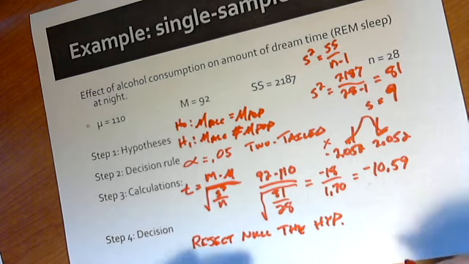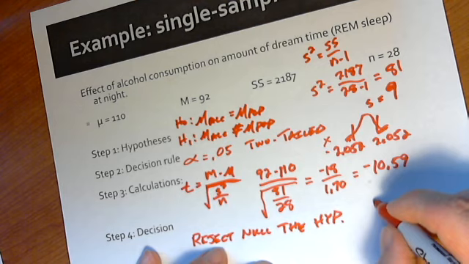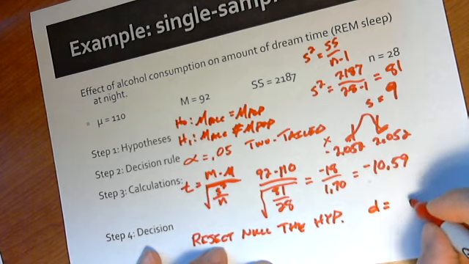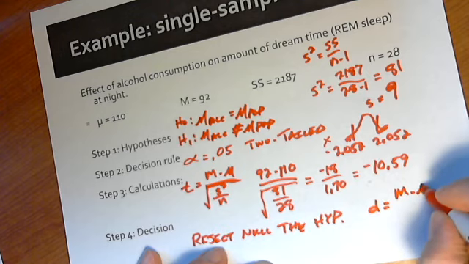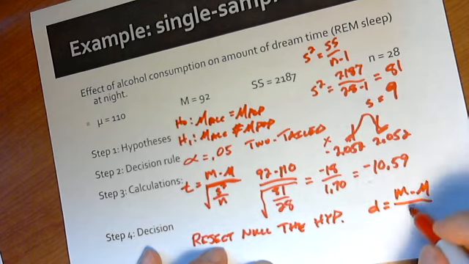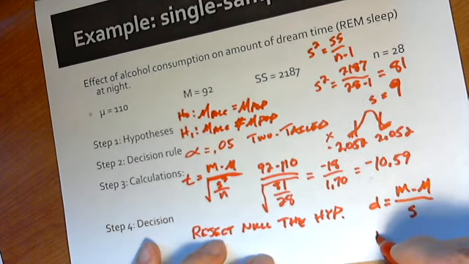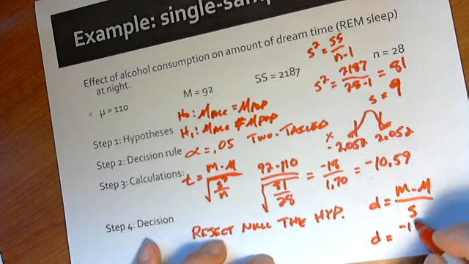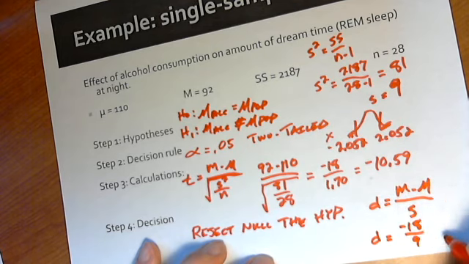Now, you'll remember as well that we talked about effect sizes, the Cohen's d. So if you'll remember the formula, Cohen's d was just our sample mean minus population mean, the same as what we found up here, this negative 18, divided by, in this case, our sample standard deviation. So in our case, we have negative 18 divided by our sample standard deviation of 9.